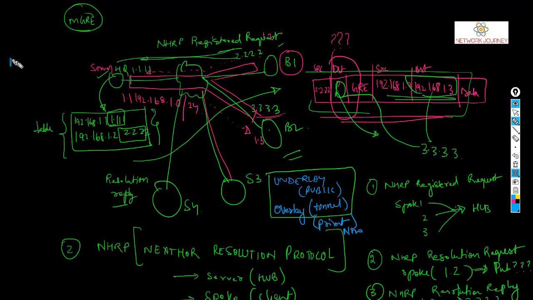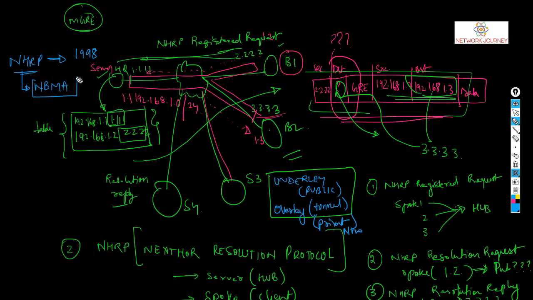With regard to NHRP, it's a pretty old protocol, where the RFC was defined around 1998. This is also used in non-broadcast multi-access, NBMA.